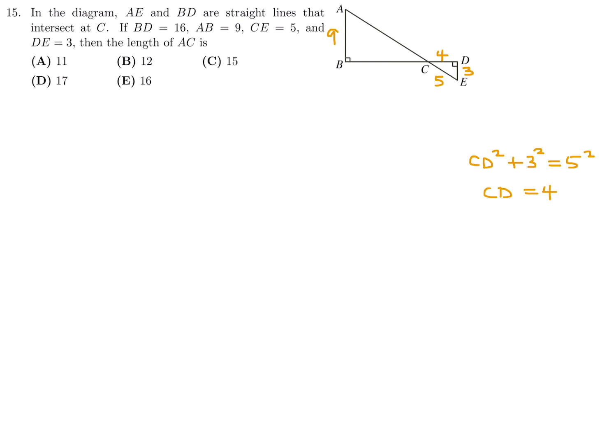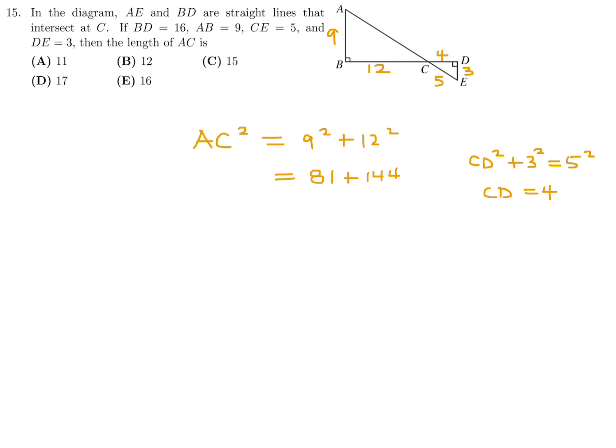Then they tell me that BD is 16. So from there to there is 16. But from here to here is 4, so that means BC must be 12. And finally, AC is this guy right here. I can use Pythagoras once again. AC squared will be equal to 9 squared plus 12 squared. And that's 81 plus 144.